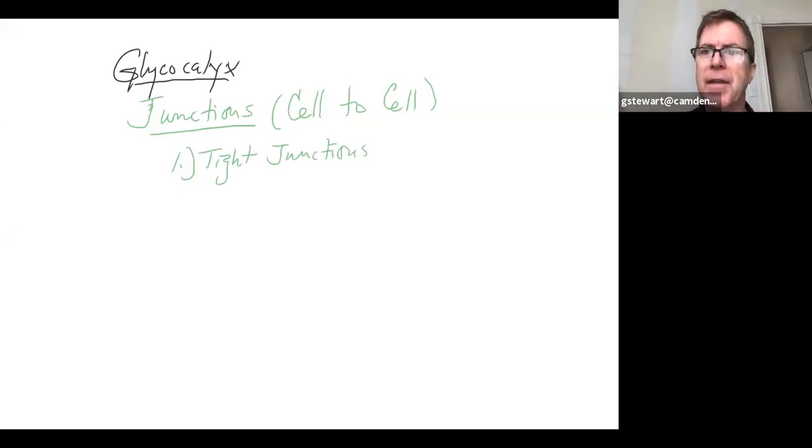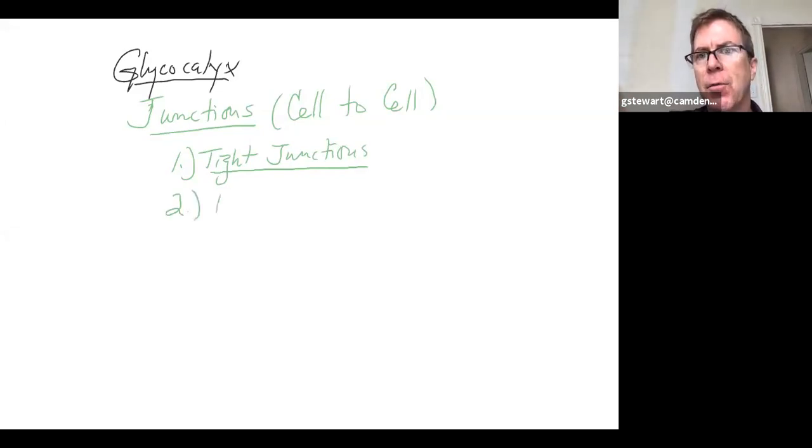And it's basically an impermeable junction, and it's very tight and very sound. It almost acts like a zipper all the way down the cell itself. A better description would be if you sewed two pieces of material together very tightly. That's what a tight junction acts like, behaves like, and looks like.